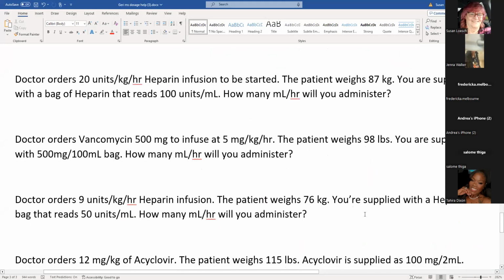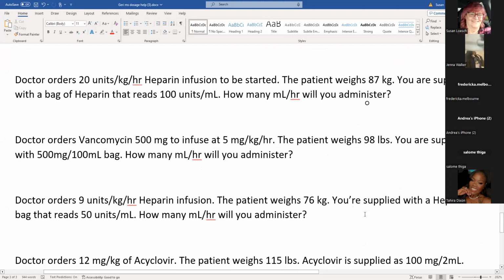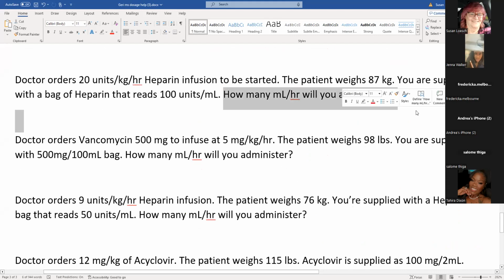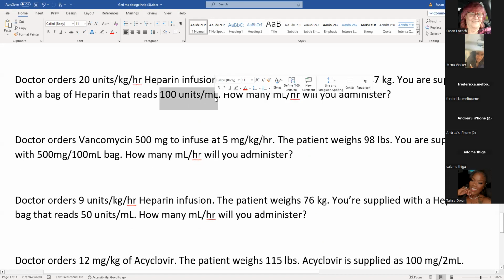All right, look at this next one, 20 units a kilogram. Again, what is the formula for this question? Desired over have. Okay. So it gives you what you have right here. All you have to do is calculate your desired dose.